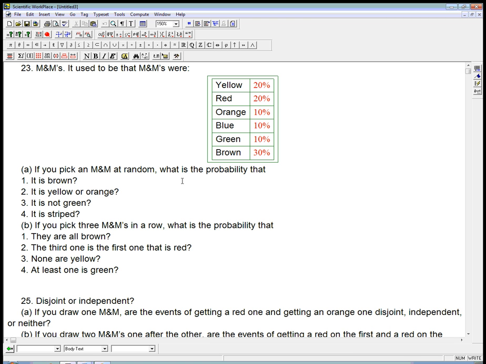Or a more sophisticated way of saying it, and you don't have to do it this way, but it's good to get practice with these kinds of concepts, is that the probability of brown is 1 minus the probability of all the rest. That's the complement principle. And then another important principle comes in.